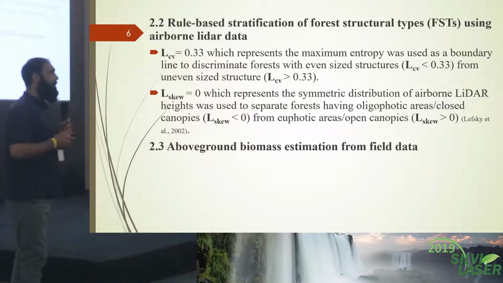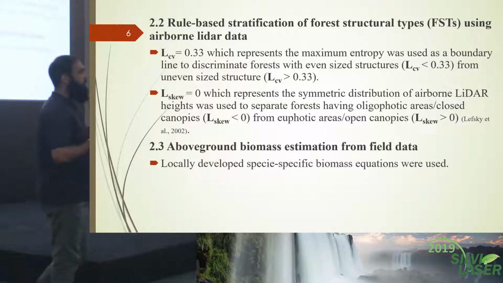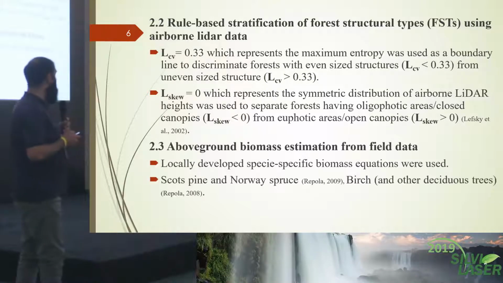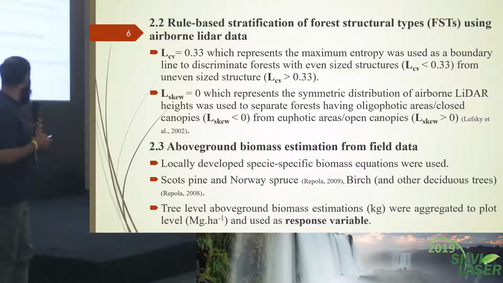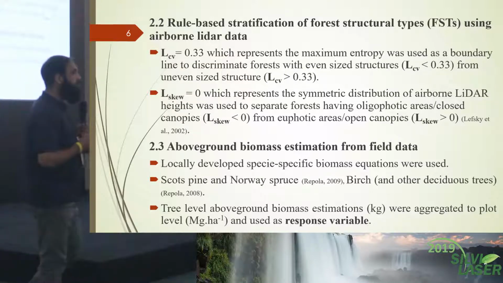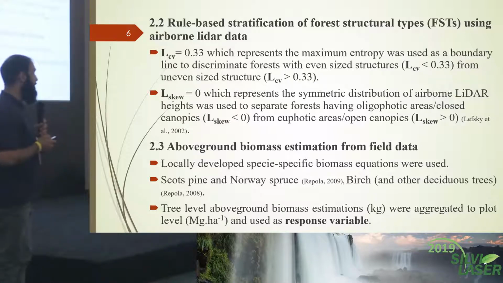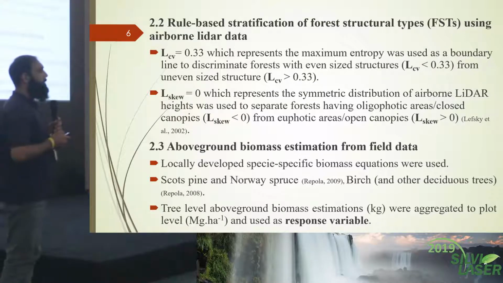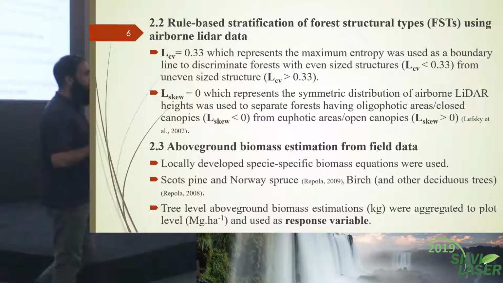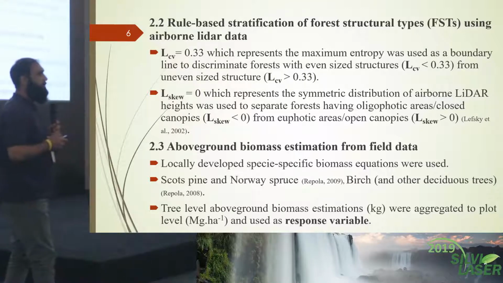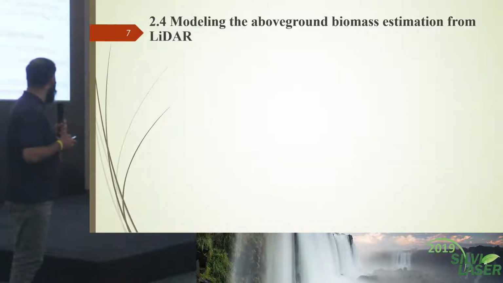For above ground biomass estimation, we used locally developed equations for Scots pine and Norway spruce, and a birch equation was used for birch trees and other deciduous species. And we calculated tree level above ground biomass, and we converted it to the plot level and used it as a response variable.